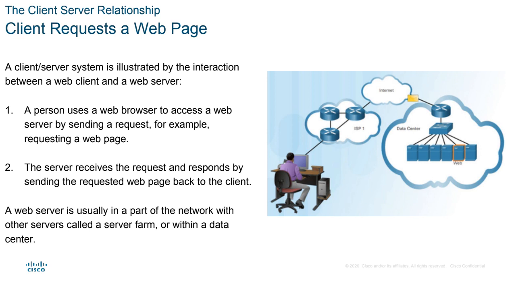A web server is usually in a part of the network with other servers. We call this a server farm. For security, practicality, and efficiency, we put these web servers and email servers in one location. It's called a server farm, or inside the data center.